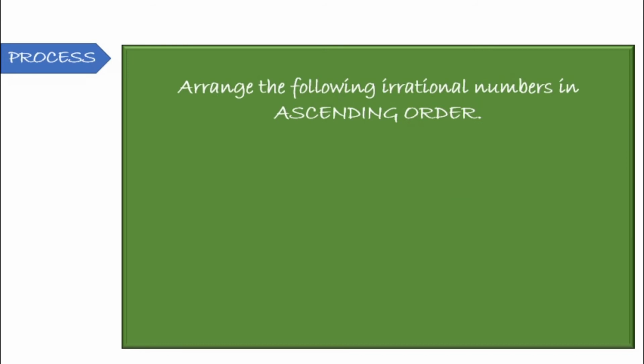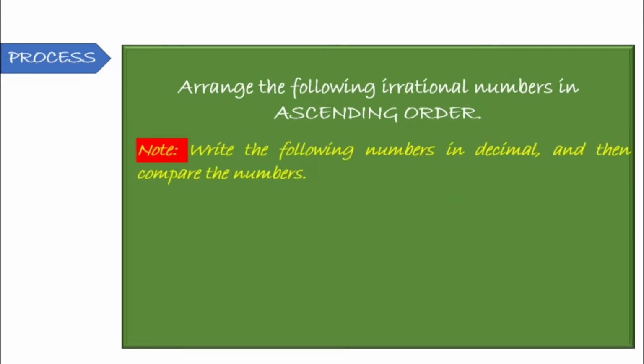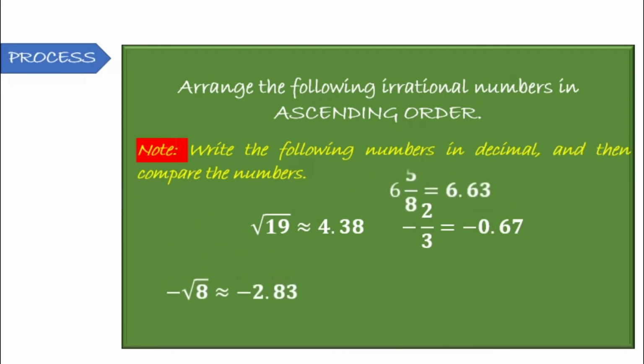Okay, so the square root of 19 is approximately 4.38. Now, arrange the following irrational numbers in ascending order. So note, write the following numbers in decimal and then compare the numbers. So the simplest way in arranging irrational numbers is to first write them in decimals. So for example, we have square root of 19 is approximately 4.38.